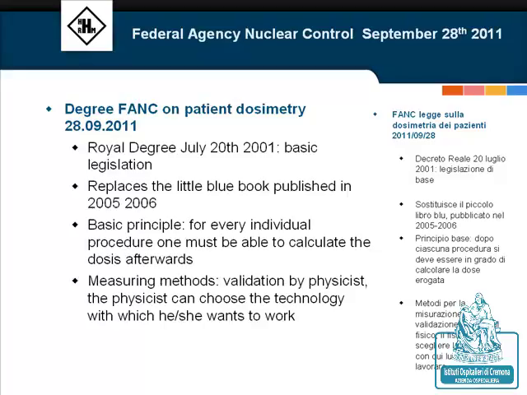So we have a little part of the legislation which says that for every individual procedure we should be able to calculate doses afterwards. And the measuring methods are validated by the physicist, so he or she can choose what technology to work with.